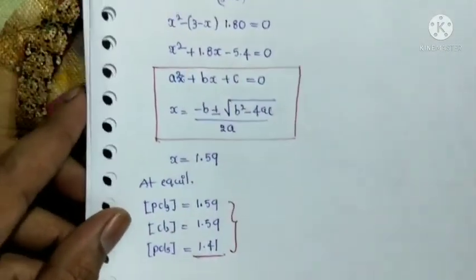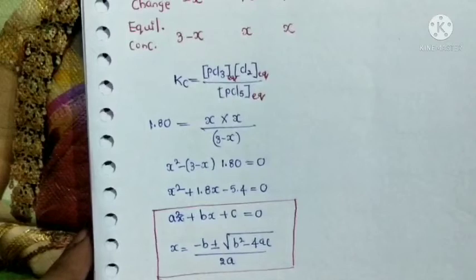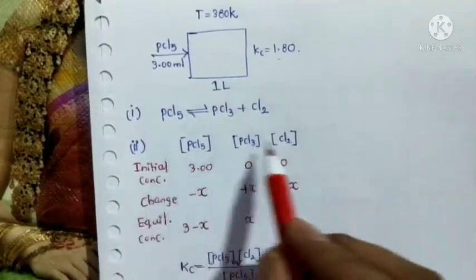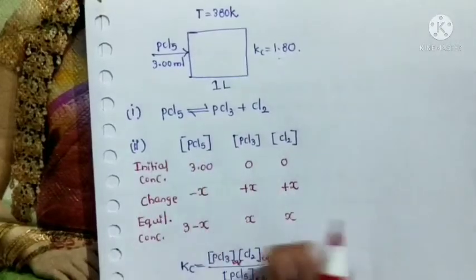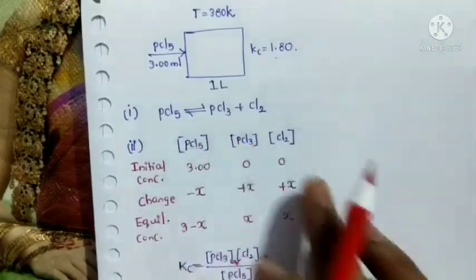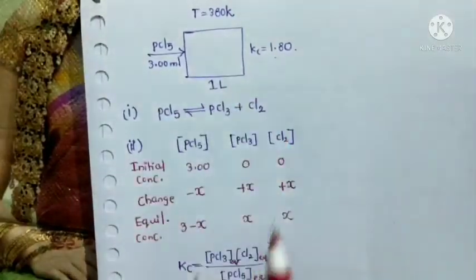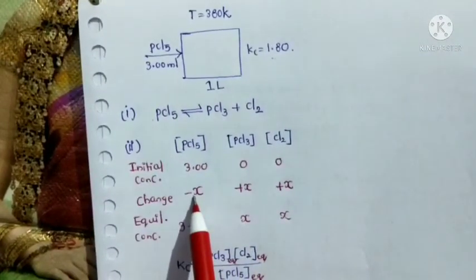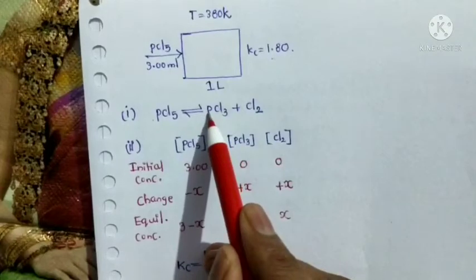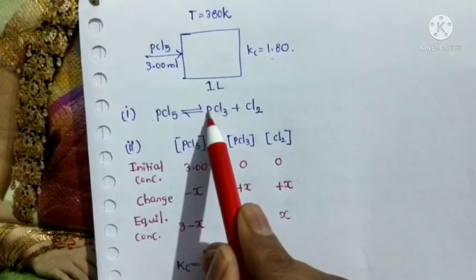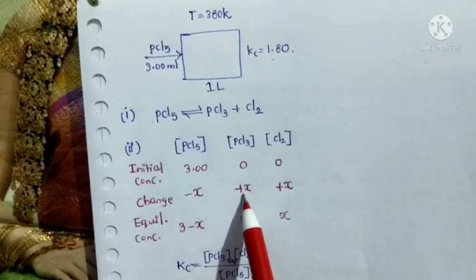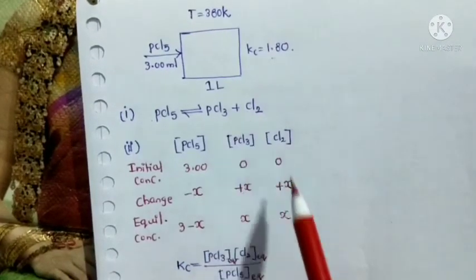From this we conclude that first we should write the balanced chemical equation, and second we create a tabular form. In this, the reaction coefficient is very important. Here the reaction coefficient is 1, that's why we take 1X. For phosphorus trichloride the coefficient is 1, here 1, here 1.